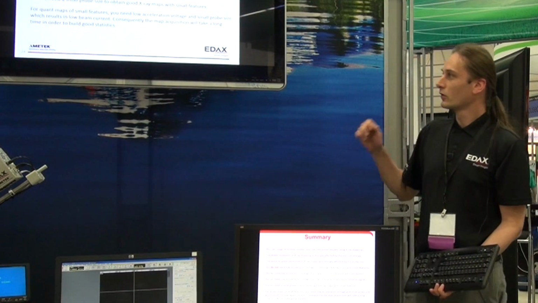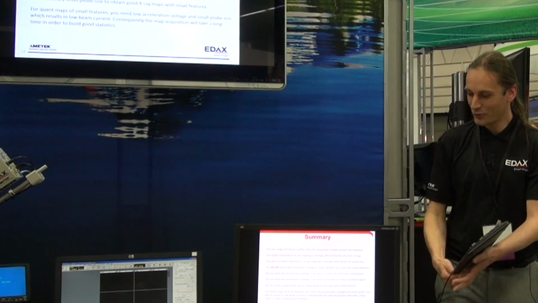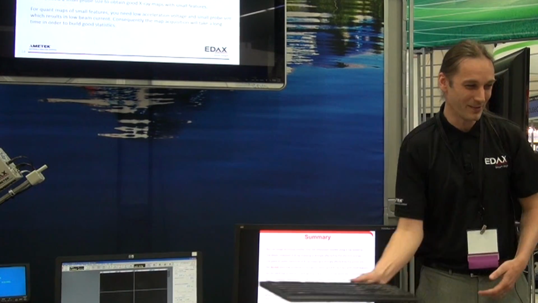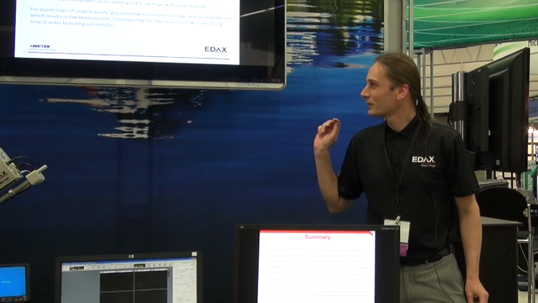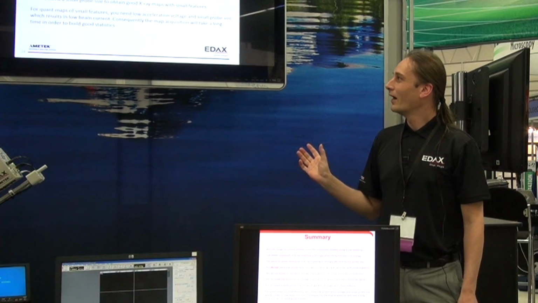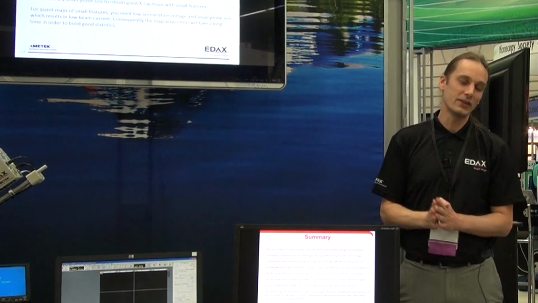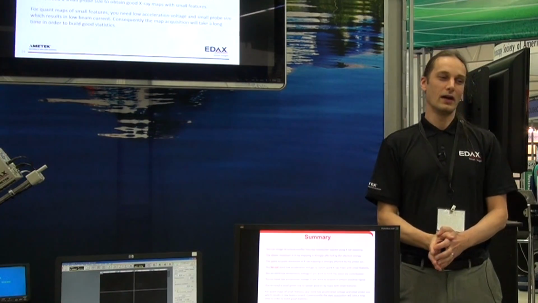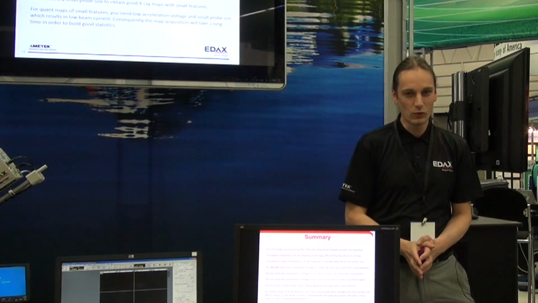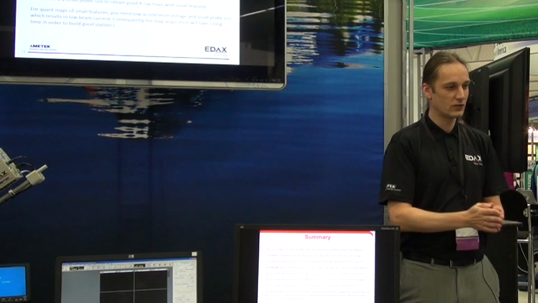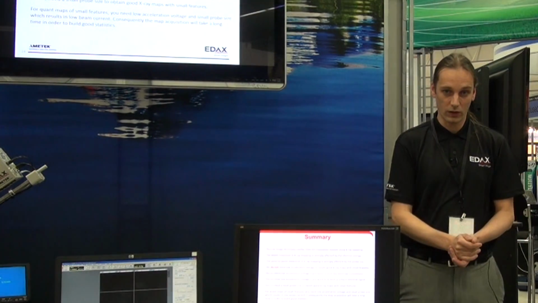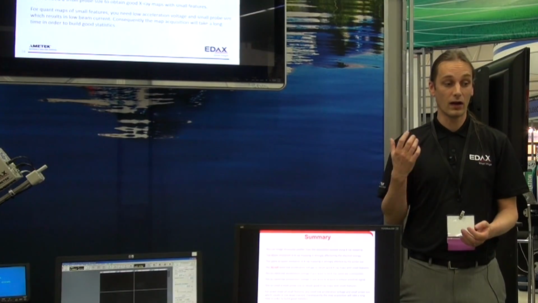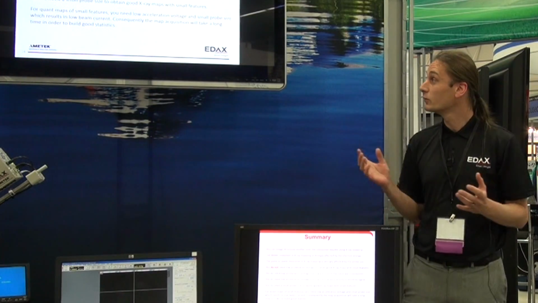So, quant maps, I only showed you the spectra. I didn't hit our quant button for a very good reason. To do quant on these things, you need very high statistics. And especially when you move into the low energy range, it becomes an issue to get enough statistics to do good quant, to really have an idea of what models you should apply.